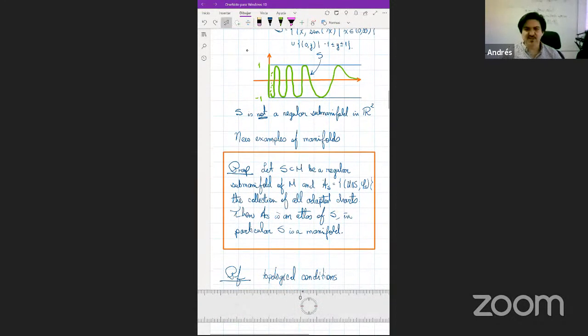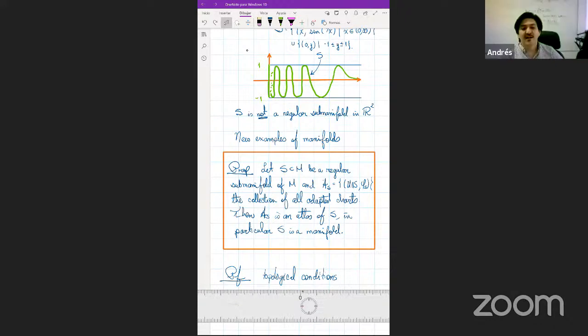The first definition of a manifold are just topological conditions. Do you remember those? Can you repeat the question?